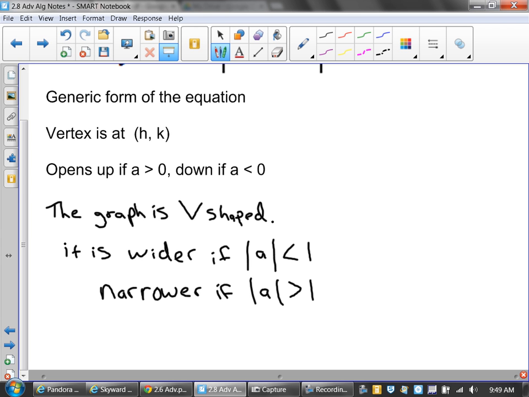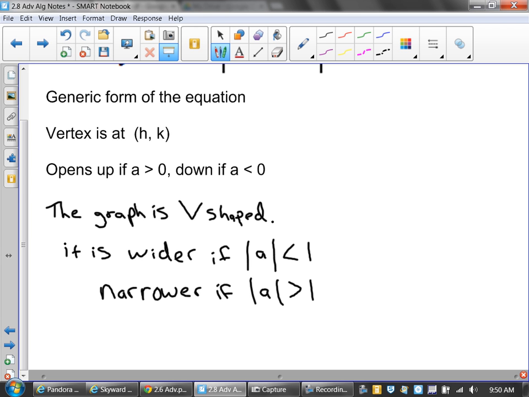And so on. No, well, because it doesn't say less than or equal to. Oh, okay. Because if your value of a was 0, you'd have a horizontal line. You won't have an absolute value graph. Does that make sense? A is never going to be 0.